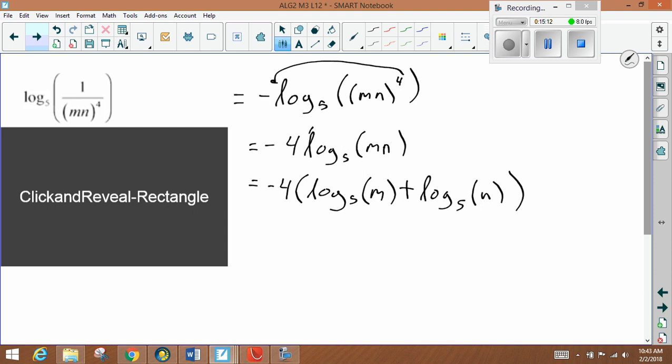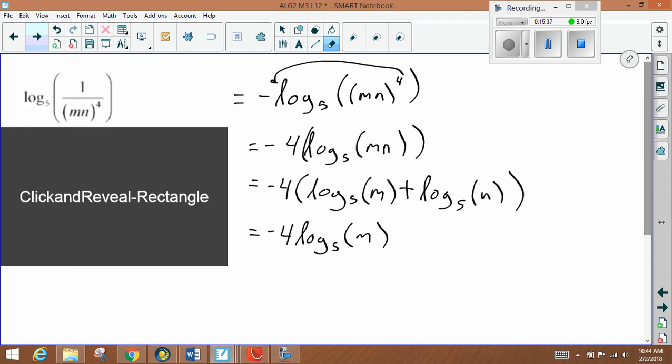Because look, what I have is a negative 4 times this whole thing. If I have a 4 on the outside, what I need to do is distribute, right? So the negative 4 not only goes to the first term, but it is also going to go to my last term as well. So then it becomes negative 4 log base 5 of n.